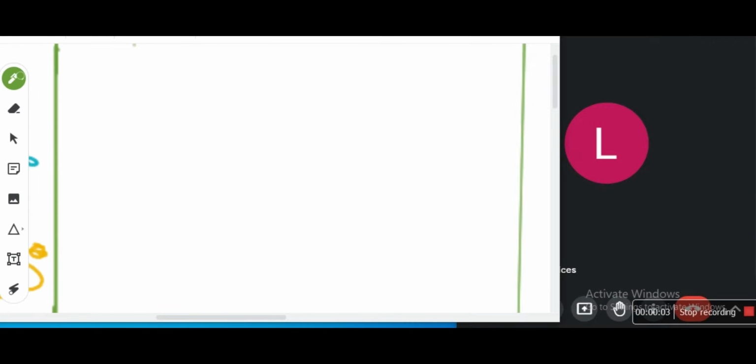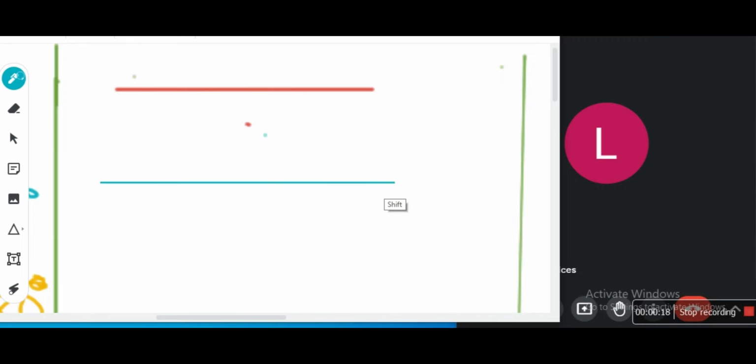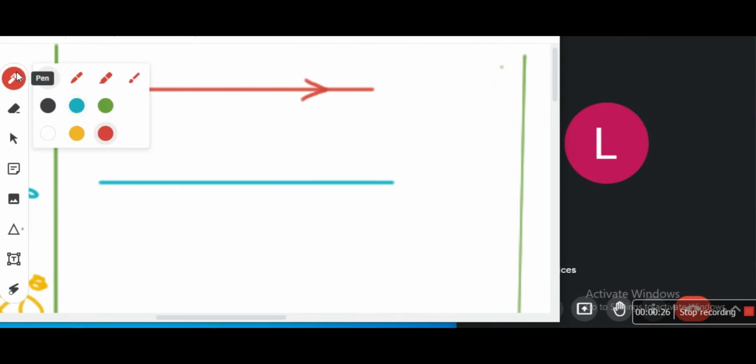Now, let's look at parallel lines. For instance, if we have this line, another blue line, all running in such a way that they will never meet on both ends, we say they are parallel, because they will never meet on both ends.